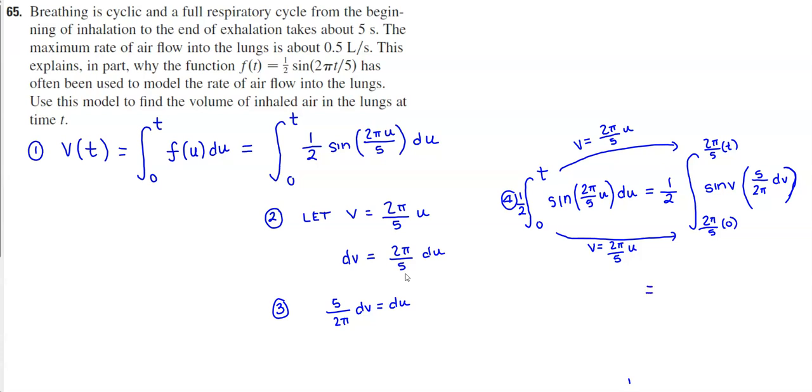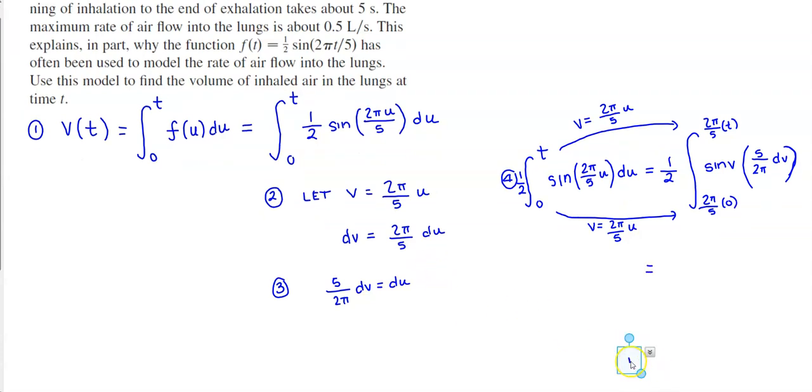Now let's write down our substitution. We're going to factor out the constant 5 over 2 pi times 1 over 2. So we get 5 over 2 times 2 pi, which is 4 pi.